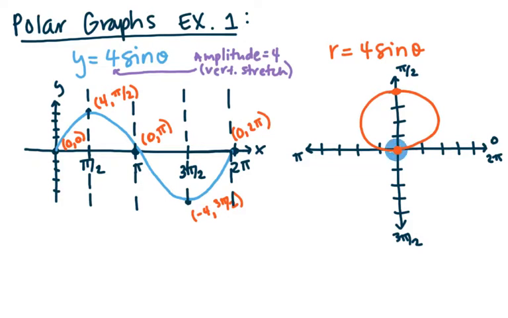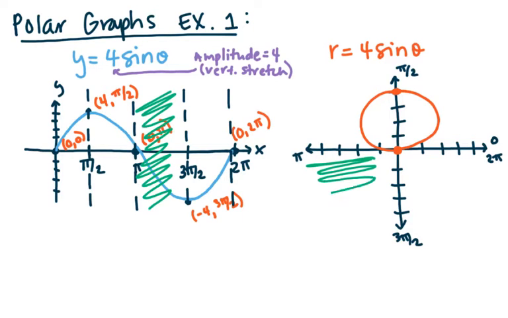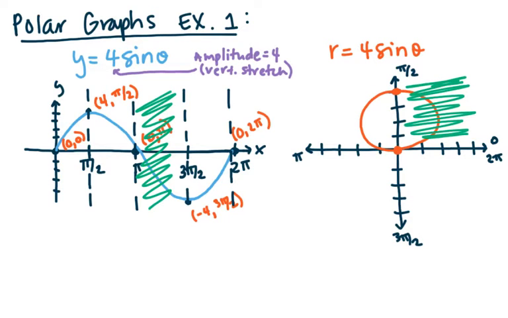And now that we're back at this point, we can see what's coming next, right? From pi to 3 pi over 2, we would be working here, but we actually have a negative radius. And in polar graphs, a negative radius would mean we actually end up working in the quadrant that is diagonal, right? Because if we're going in a negative radius direction from this area, that pushes us away from it into this area.